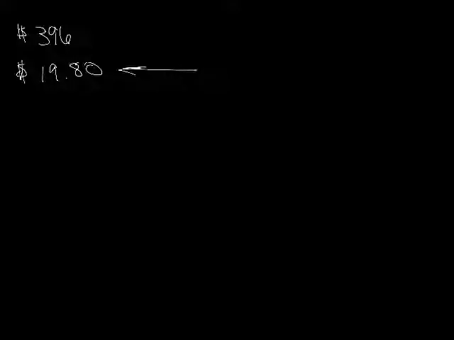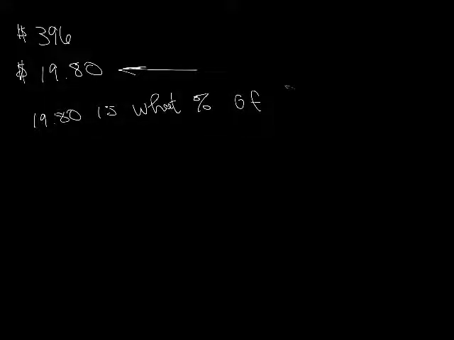$19.80 is what percent of 396? In fact, let's go ahead and write it that way. $19.80 is what percent of 396. And then we can just write that as an equation.